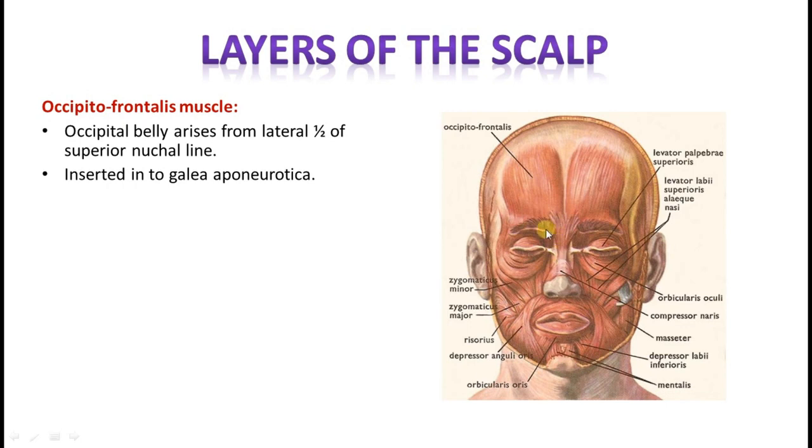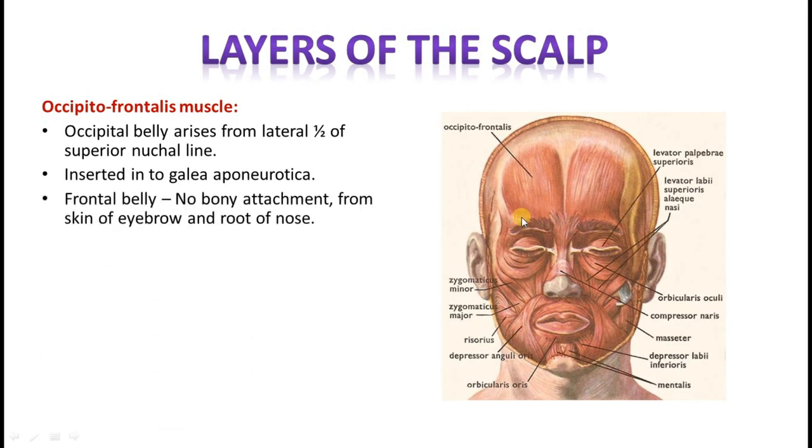The medialmost fibers intermingle with the procerus, the intermediate fibers with the corrugator supercilii, and the lateralmost fibers with the orbicularis oculi. So it is inserted into the skin.